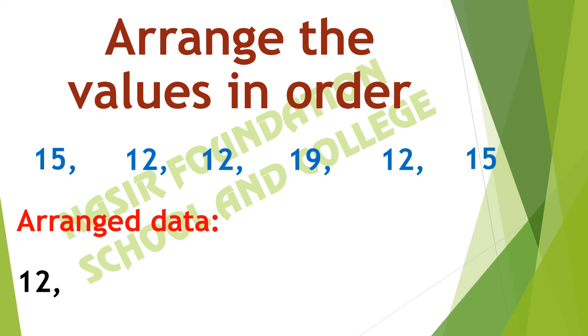The next value is also 12. Then comes another 12, because there are 3 times 12. Then comes 15, and after that another 15, because there are 2 15s here. And then we will write the greatest value in this data, that is 19.